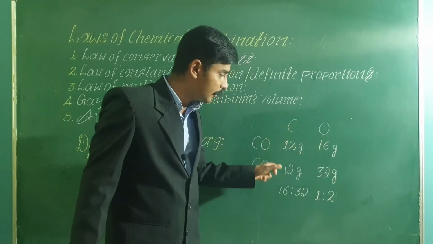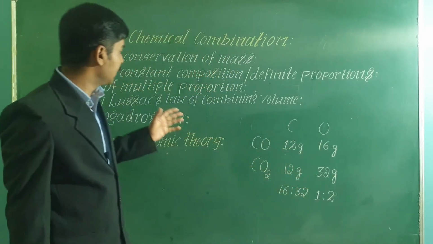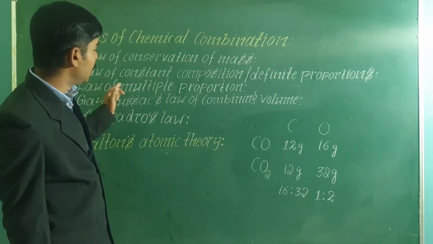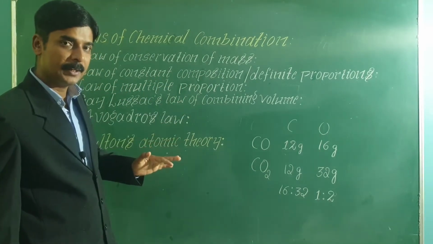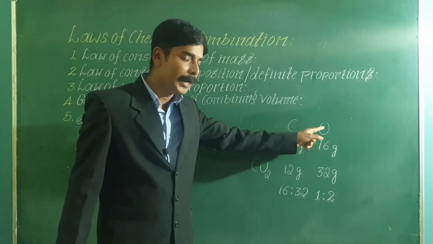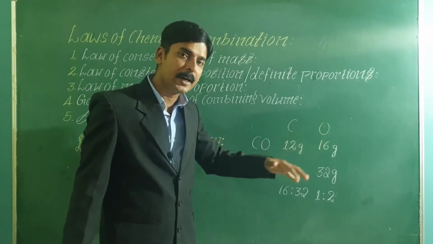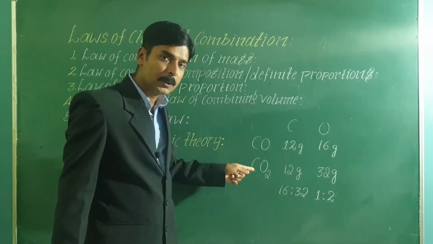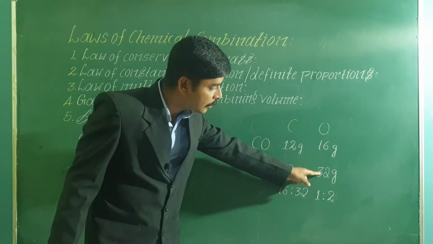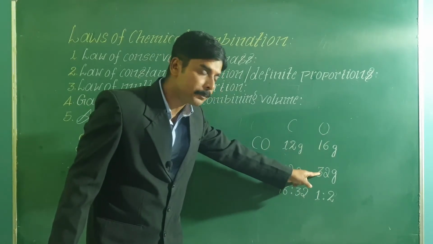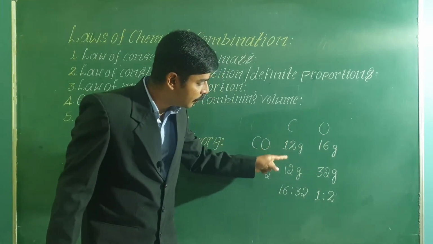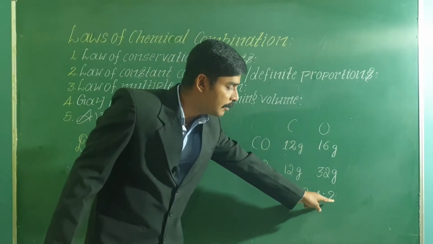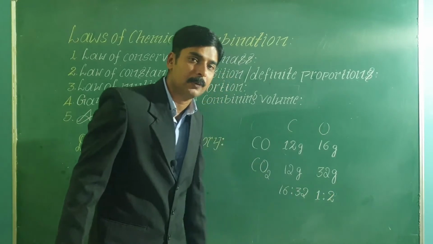Now let us put all of them together and make a sentence. So we get the law of multiple proportion. The law of multiple proportion states that when two elements combine to form two or more compounds, the masses of one element that combine with a fixed mass of another element will always bear a simple whole number ratio.